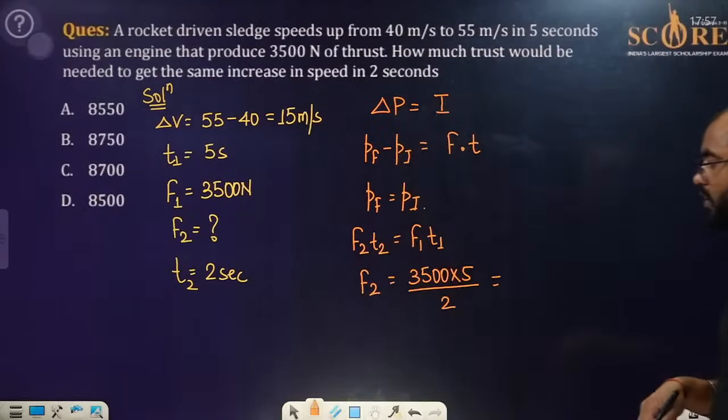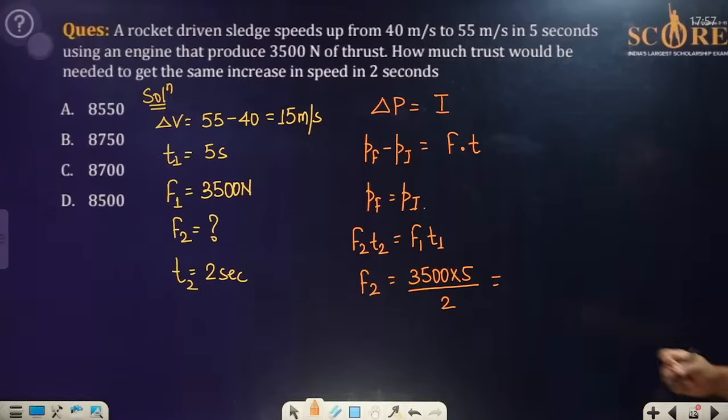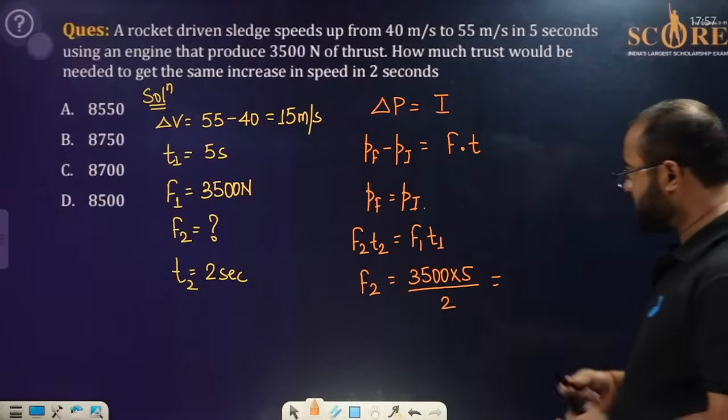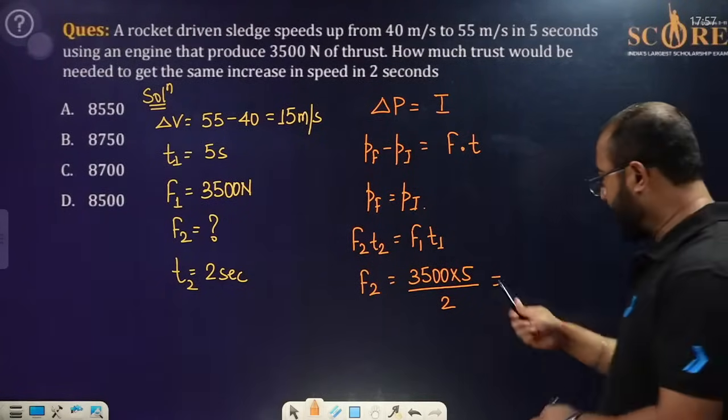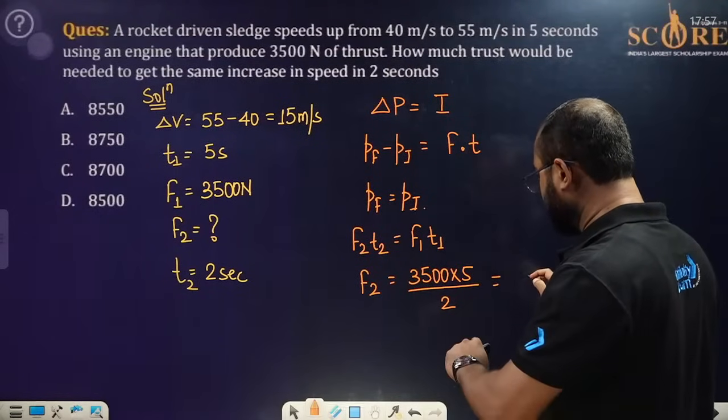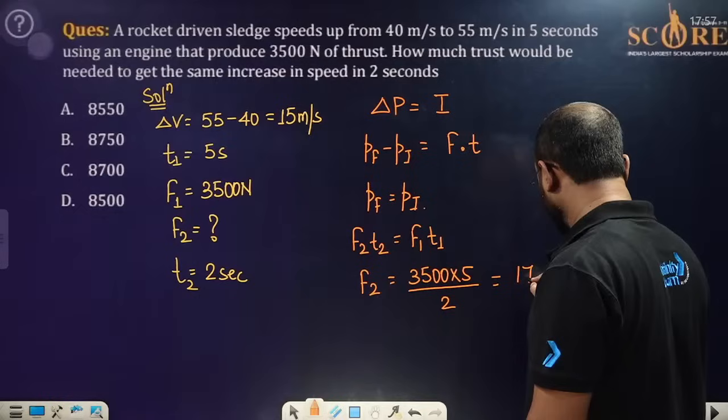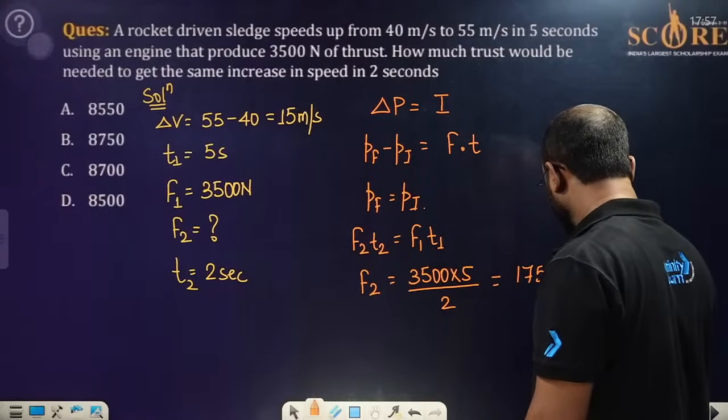If we solve this, 3500 multiplied by 5 is 17,500.